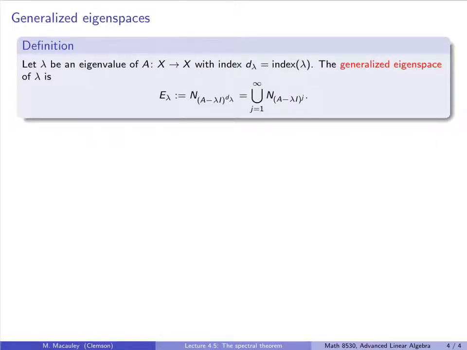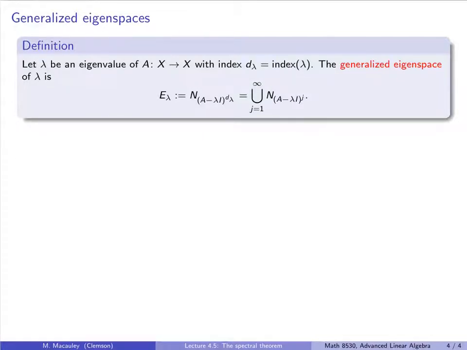I will finish this lecture with a slightly stronger, reworded version of the spectral theorem that speaks in terms of generalized eigenspaces instead of generalized eigenvectors. So let me remind you of the definition of a generalized eigenspace. I think I wrote it in the margin on the first slide.